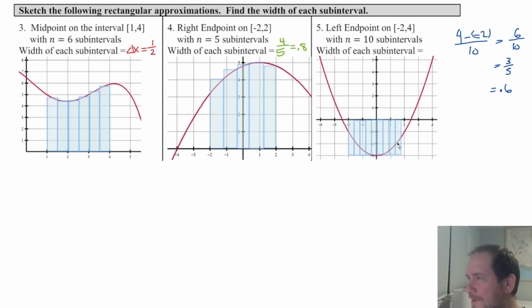It gets pretty unwieldy for higher numbers like 10. 1, 2, 3, 4, 5, 6, 7, 8, 9. Okay, I would need 1 more. And I need to cram them all in and make them fit. This just looks bad. And so don't worry about it. On the quiz, I won't give you 10 subdivisions, unless the graph was big enough and easy enough to make it look kind of easy. But there it is. There's my 10 rectangles.